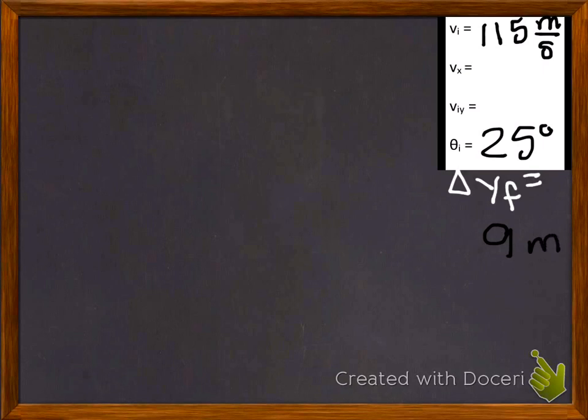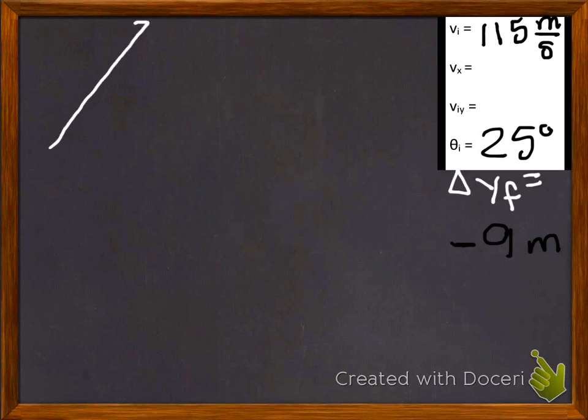So it's 9 meters away from where it started from, but we have to remember that it ends below where it started. So it's actually down 9 meters from where it started. So what we want to do is take that initial speed, break it into a horizontal part to get Vx, and a vertical part to get Vy.